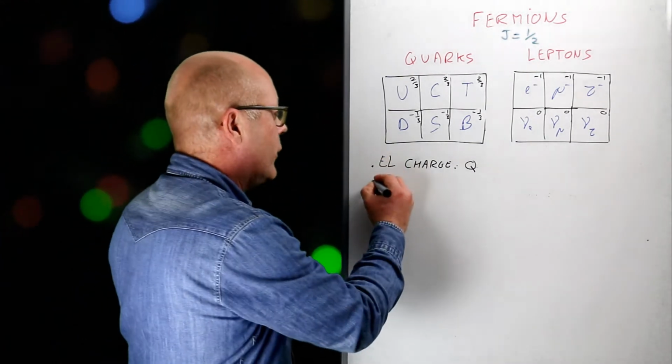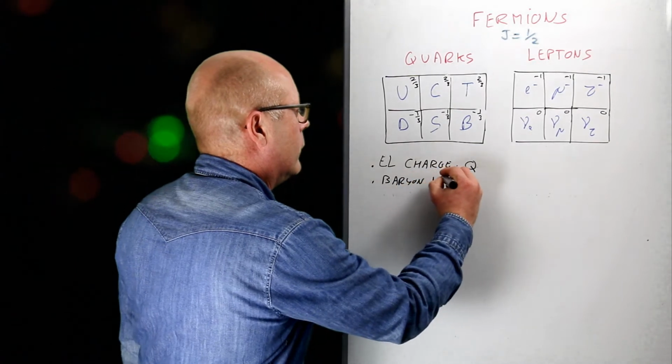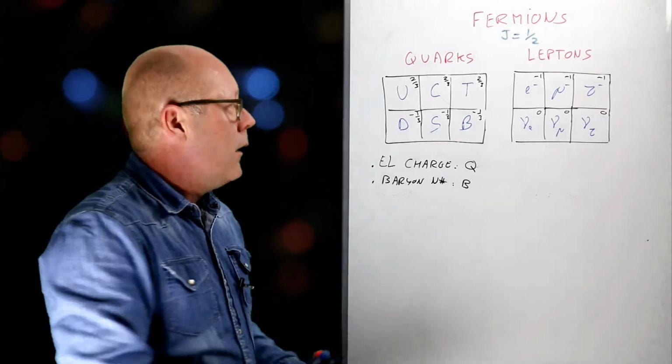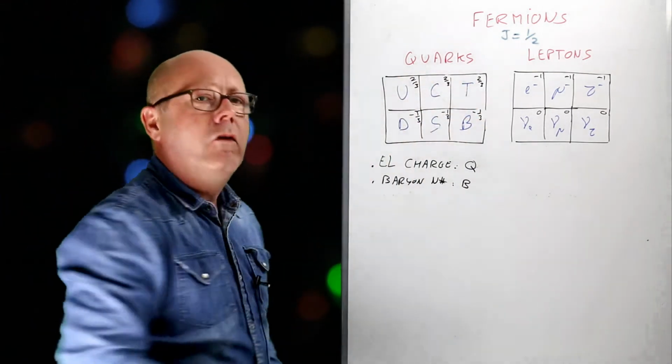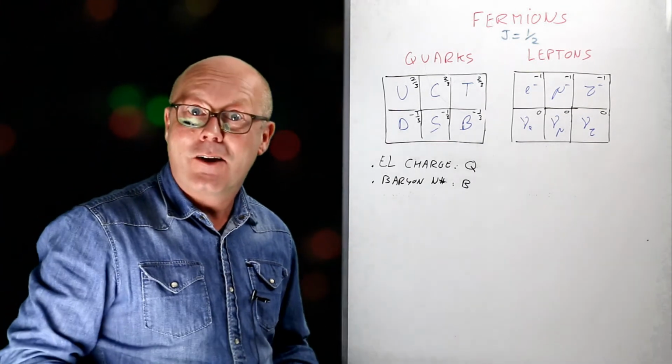Another important number to know is the baryon number, noted B. Well, all quarks have got a baryon number of 1/3 because they are a third of a baryon.